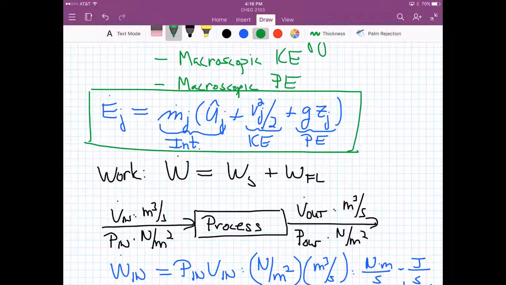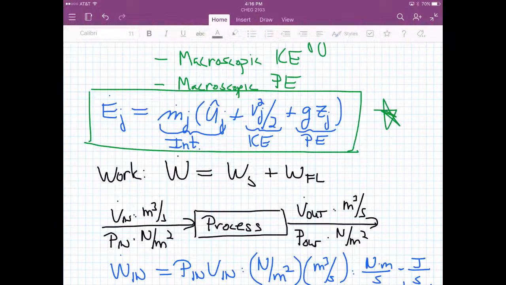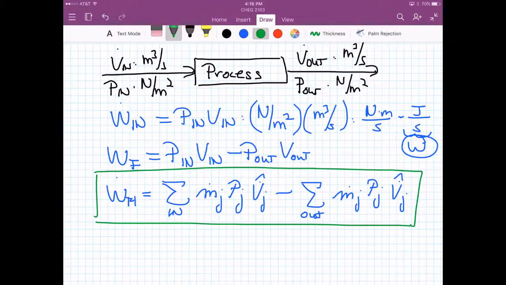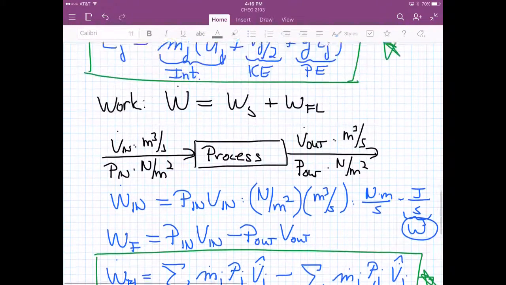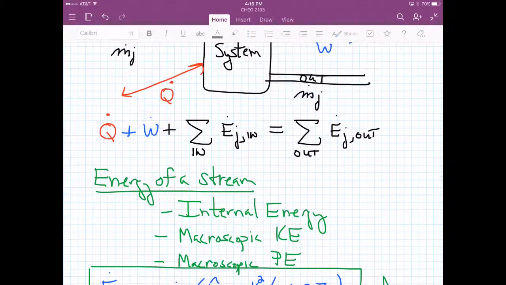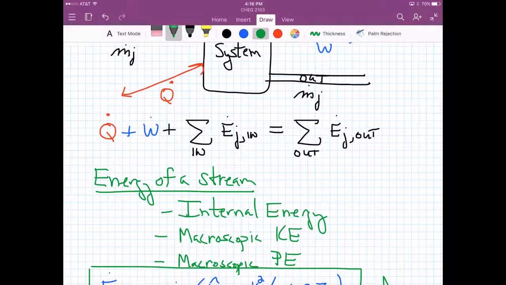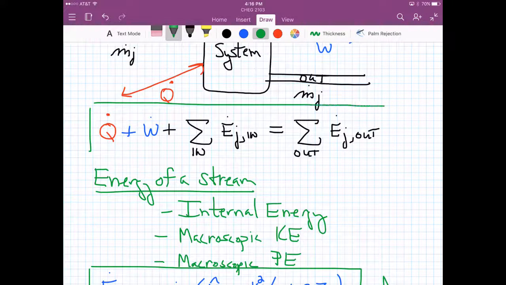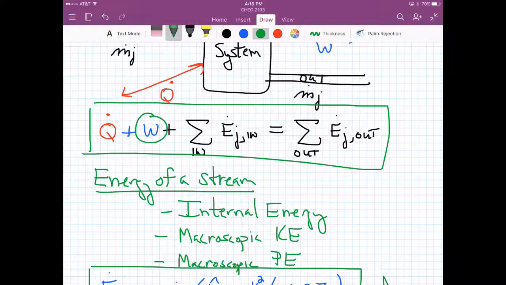Because what I want to do is combine this equation and this equation with the equation up here. So I want to substitute in for my definition of work with shaft work and flow work, and I want to substitute in my definition with energy carried by the streams.